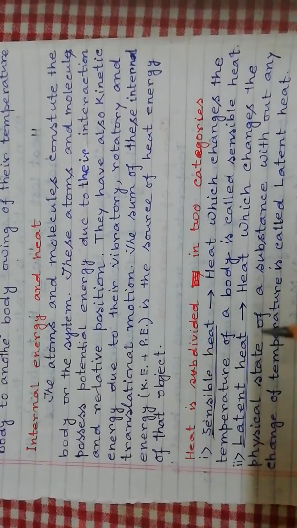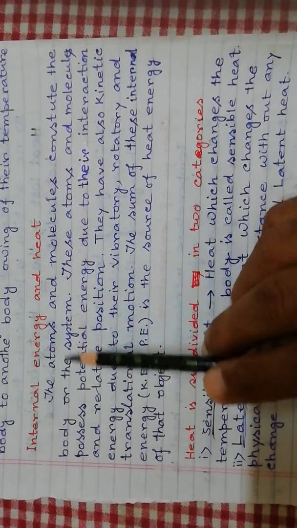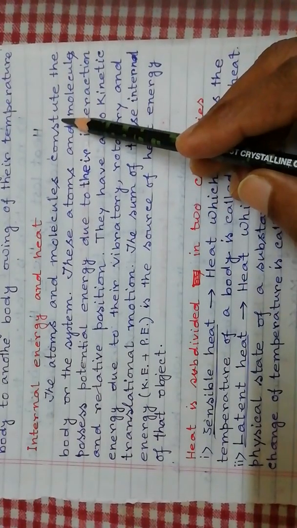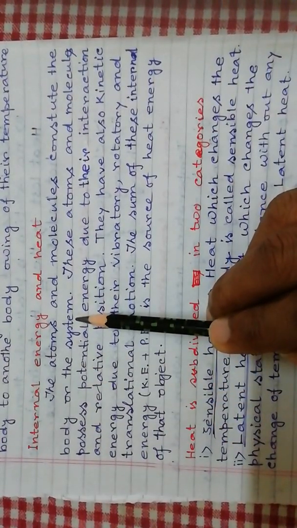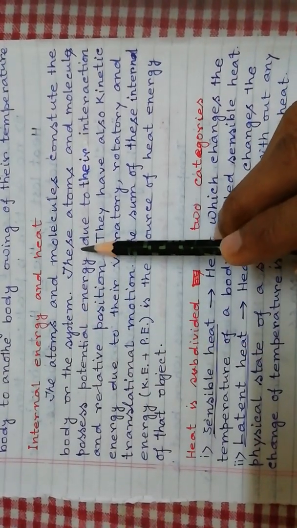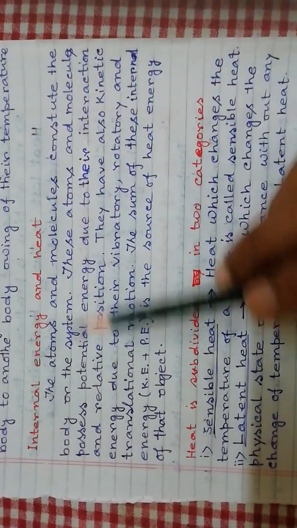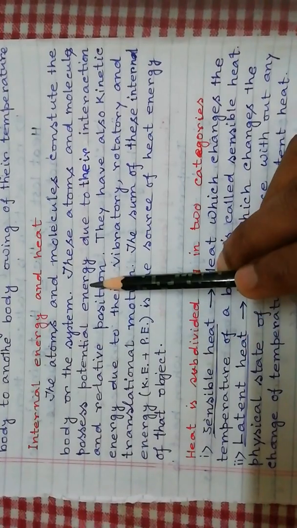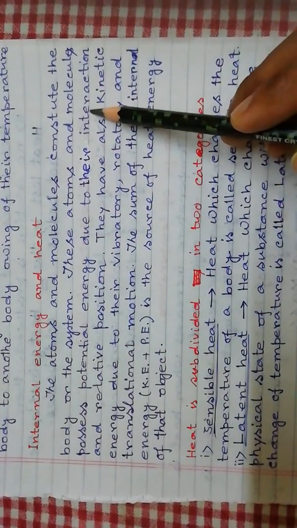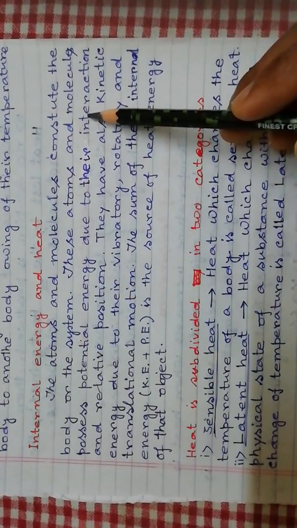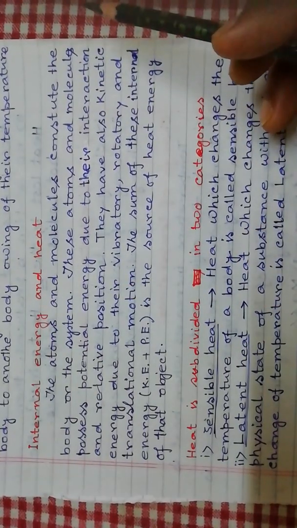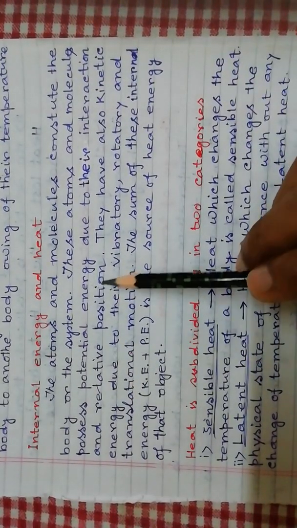Now the atoms and molecules constitute the body or the system of bodies. These atoms and molecules possess potential energy due to the interaction of the forces and their relative positions.